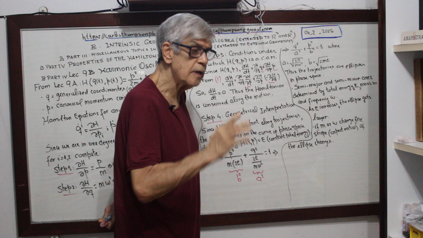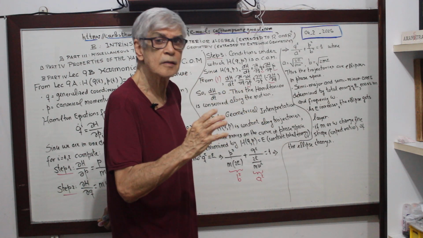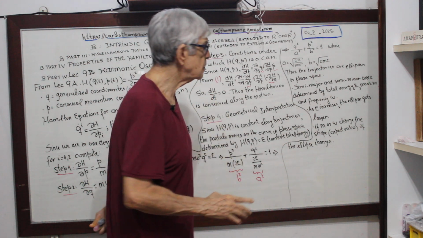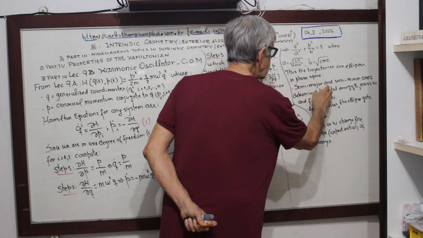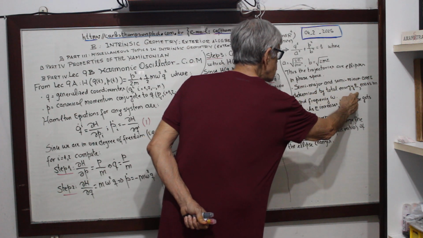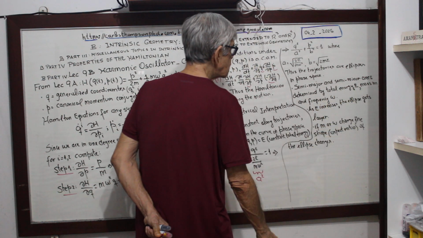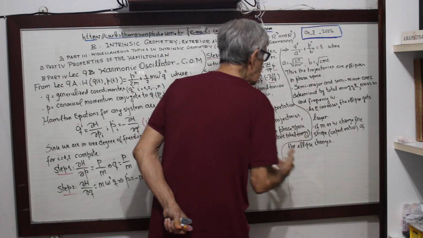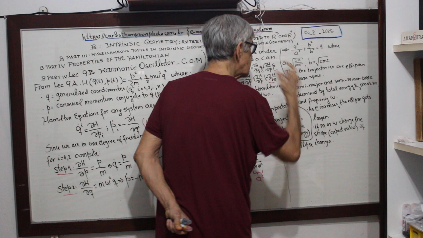What is phase space? Phase space can also be called cotangent space. Don't forget that. So the semi-major and semi-minor axes are determined by the total energy E, mass m, and frequency omega. So this is the ellipse you have, with the semi-major and semi-minor axes.